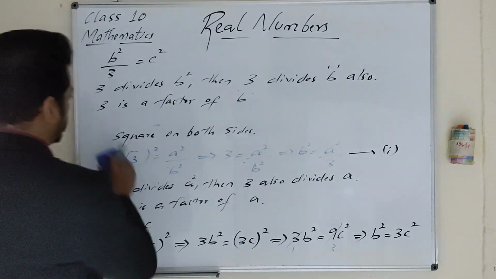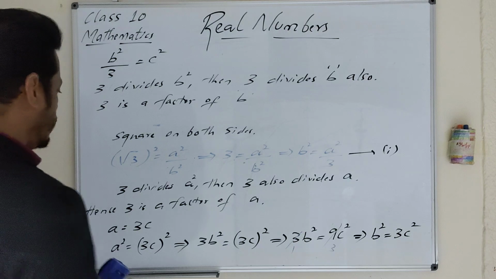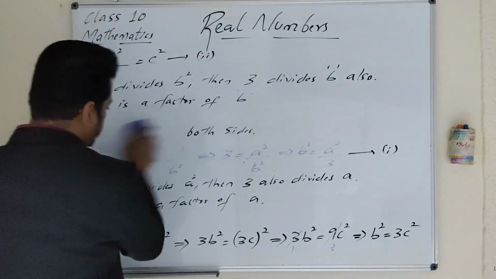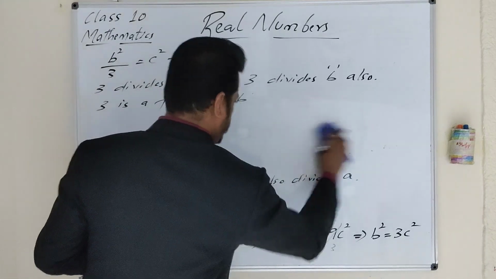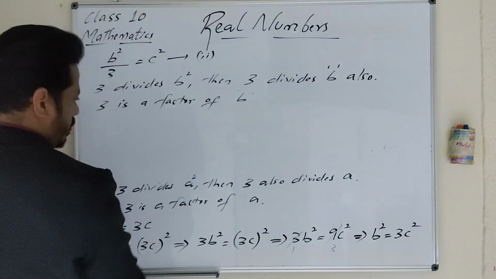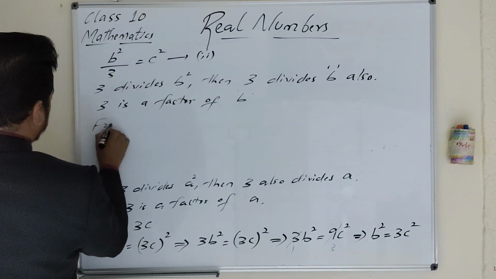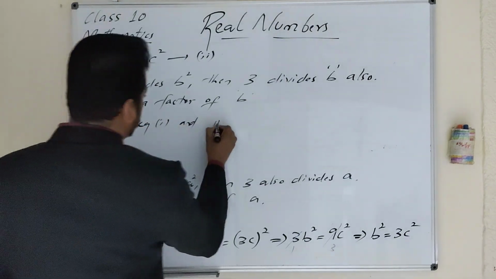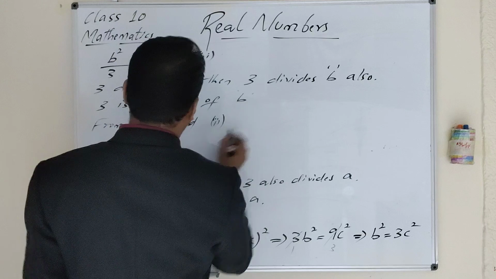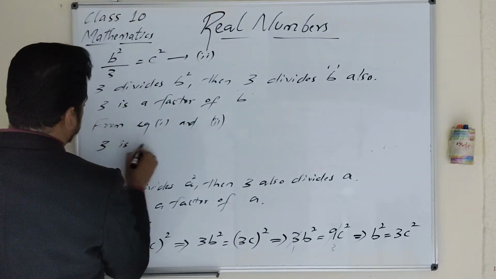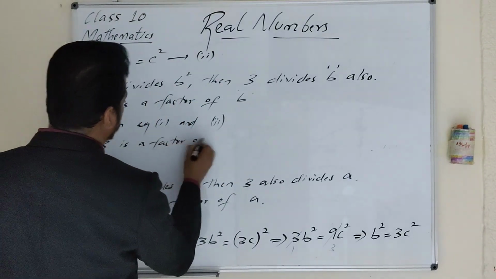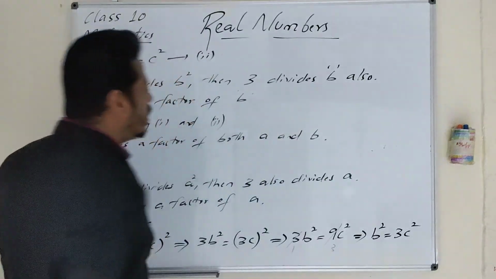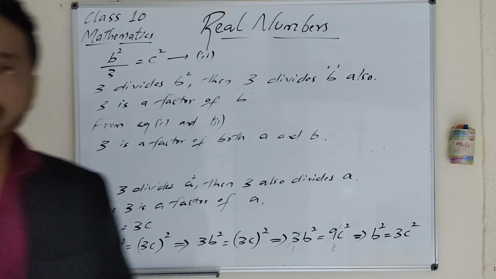From equations 1 and 2, we can say that 3 is a factor of both a and b.